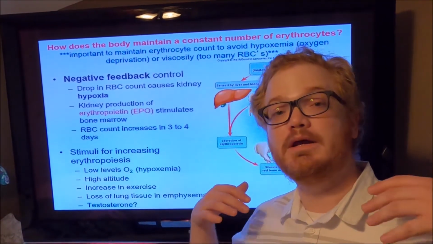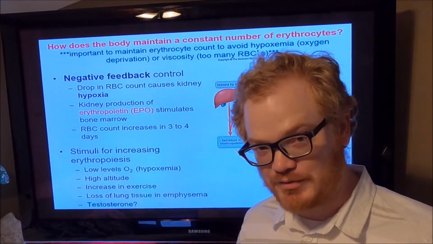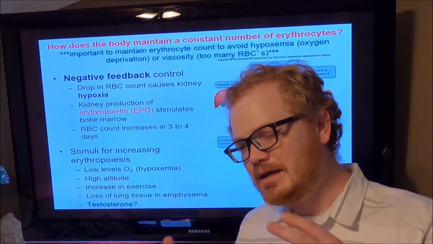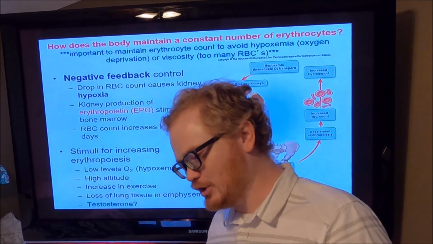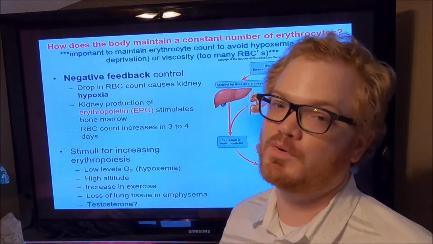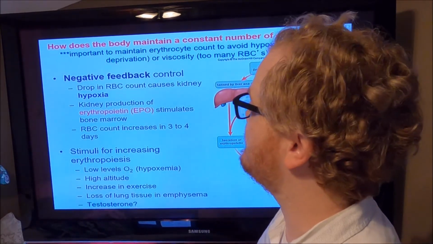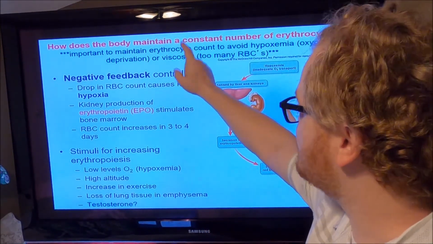All right, so we know about the formed elements. We know about red blood cells. We know kind of what they do. How do we keep their numbers relatively constant? How do they vary over time? This is a very important process, and it's going to involve that hormone erythropoietin that we talked about a couple minutes ago. It's very important to maintain erythrocyte count.